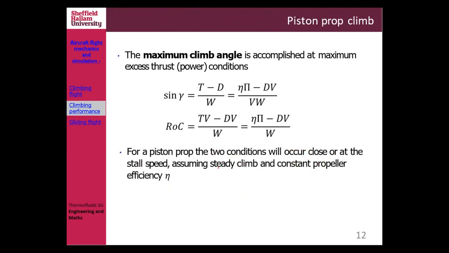Right. So now the maximum climb angle. Obviously, you can see that it's affected by the excess thrust or excess power. In this case, we talk about excess power. But for propeller aircraft, usually you also have to consider the efficiency of your propeller, which is sometimes represented by eta there, the constant propeller efficiency. I don't think there is a turboprop engine at the moment where the efficiency equals 1.